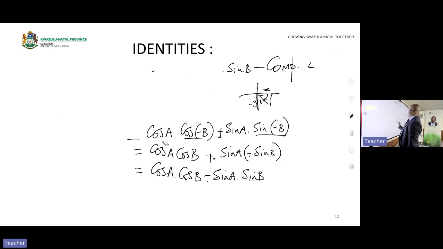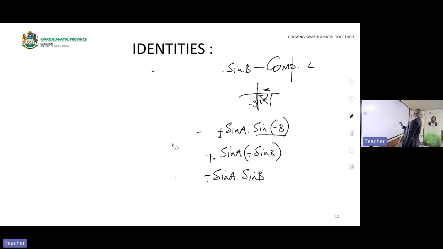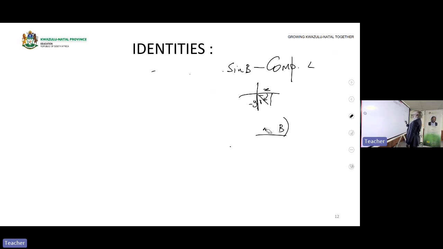To derive the sine compound identity, we use the concept of co-relations, which we discussed previously. We have seen that sine of 90 minus an angle changes to cos, and vice versa: cos of 90 minus an angle changes to sine. From that, you can come up with the compound identity for sine.